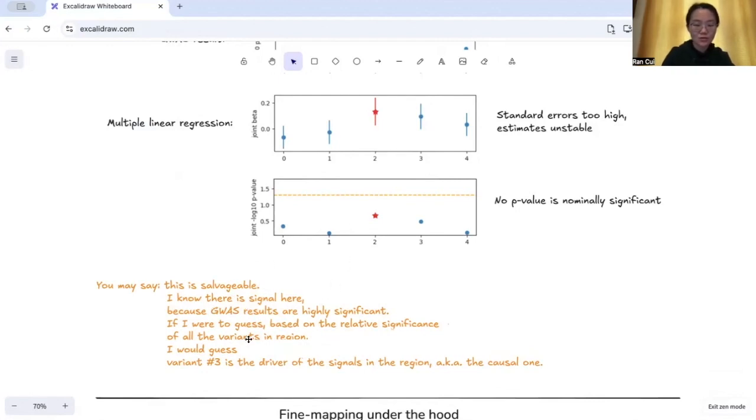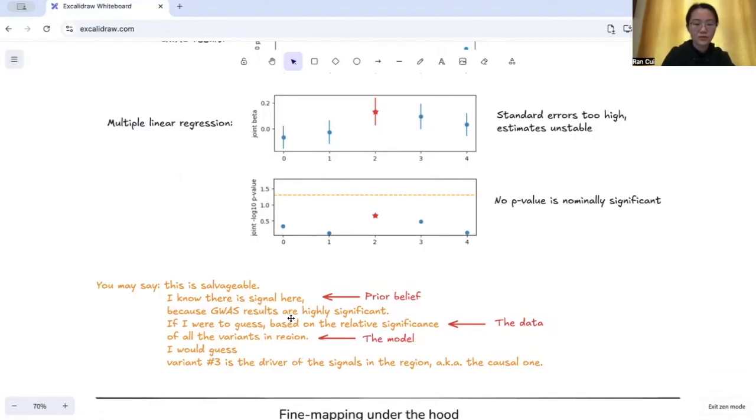So what you have constructed here are a prior belief. This is you believing that there's a signal here, and you have good evidence to believe that. And also, you have included the data, the relative significance. The GWAS gives you this data. And you have thought about the model.